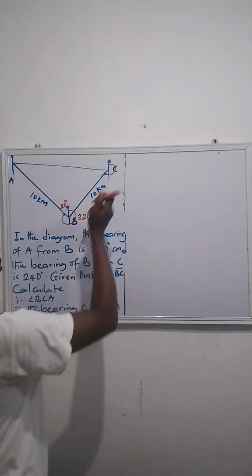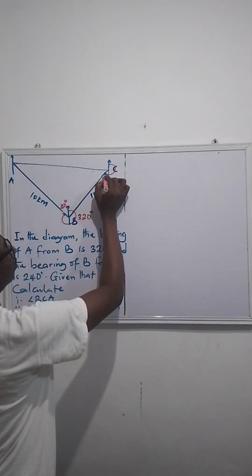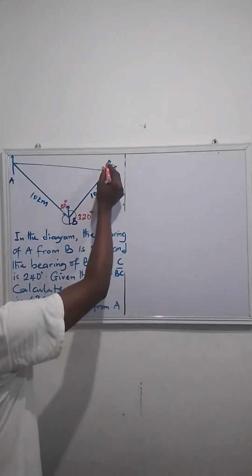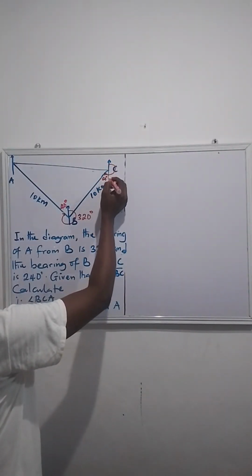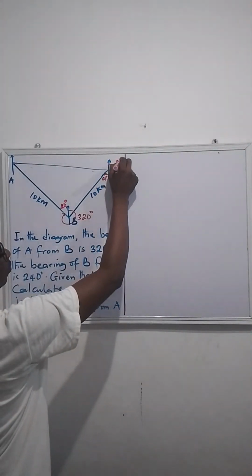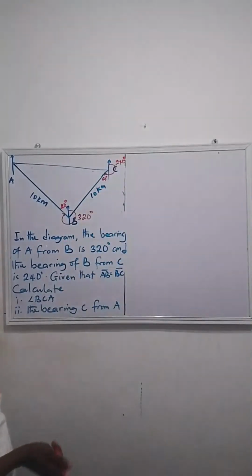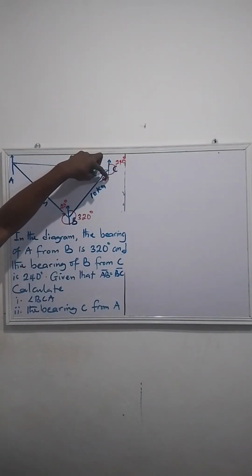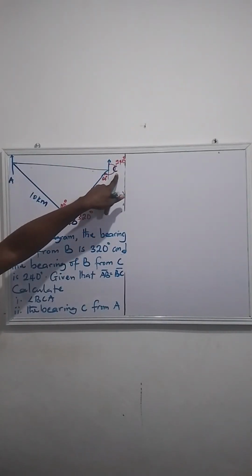So this place is going to be 60 here, and 180 plus 60 gives you 240. So the bearing here is 240 degrees, and this small angle here is 60 degrees, because from here to this place is 180, and 180 plus 60 gives you 240 degrees. I hope you understand that.